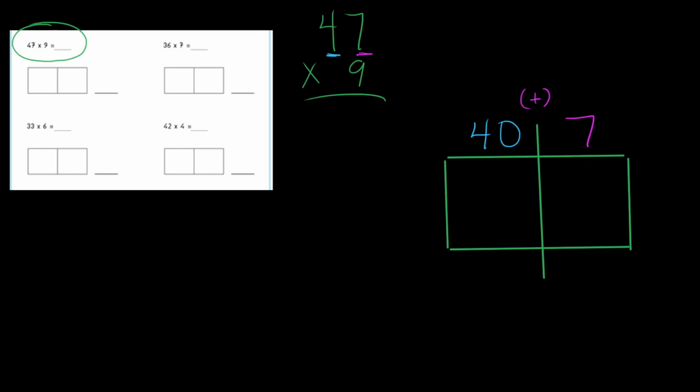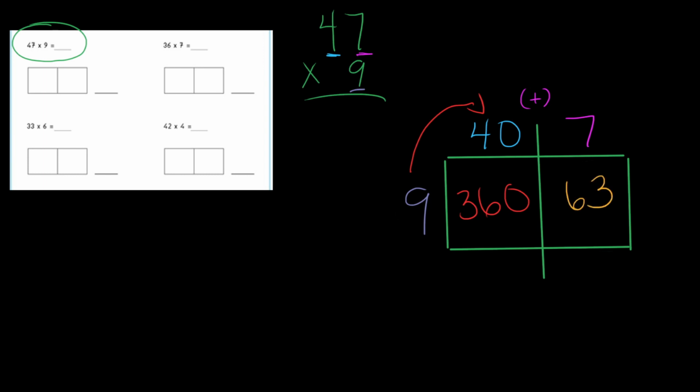Okay, and this 9, well, that's just a 9. So we have our number, so now we just multiply. Okay, well, let's try. What is 9 times 40? Well, I know 9 times 4 is 36 with 1 zero, so that's 360. And I know 9 times 7, well, that's going to be 63.